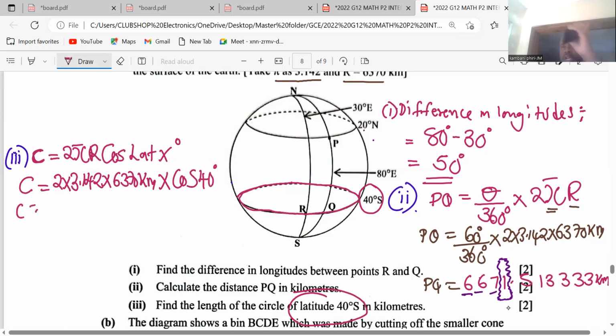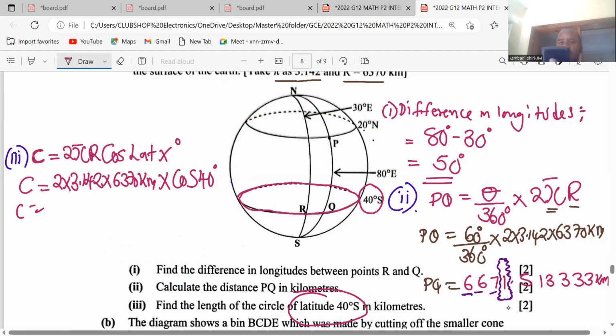Then you get your calculator and you try to work it out. So what are we saying? We're saying 2 by 3.142 times 6370 times cos 40.